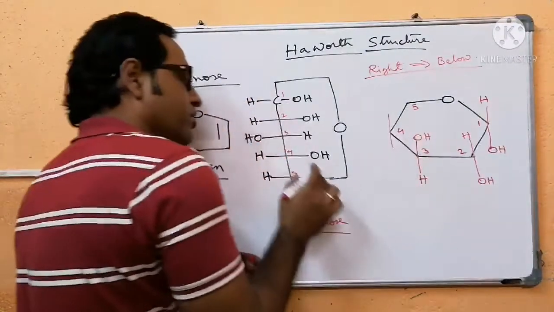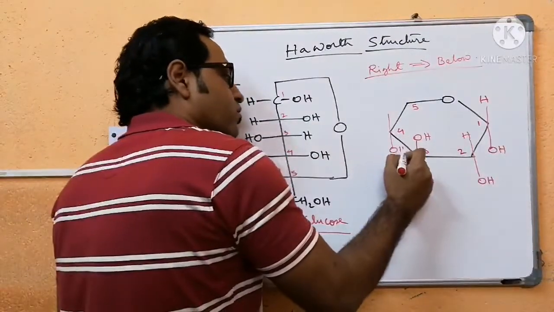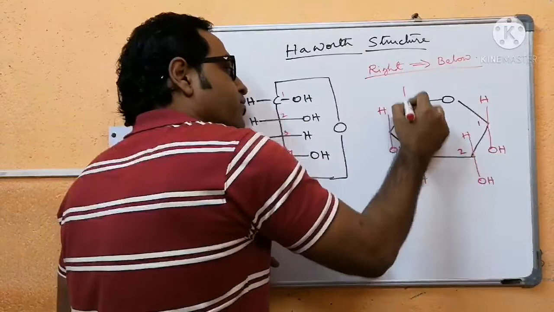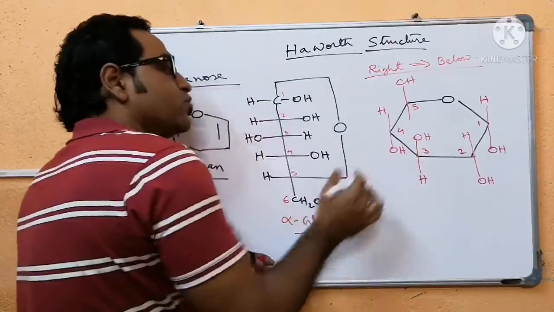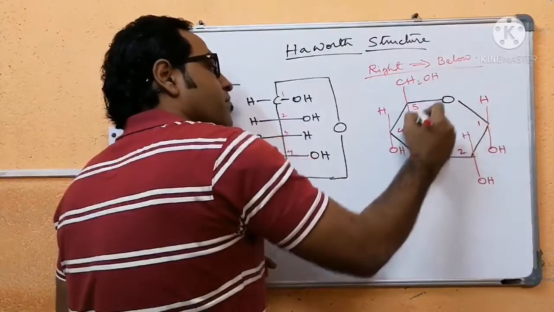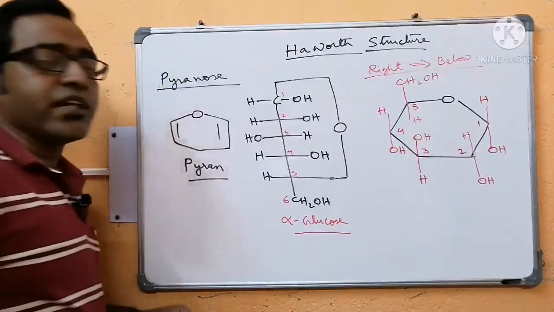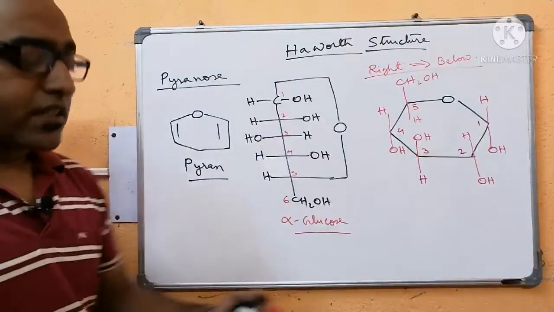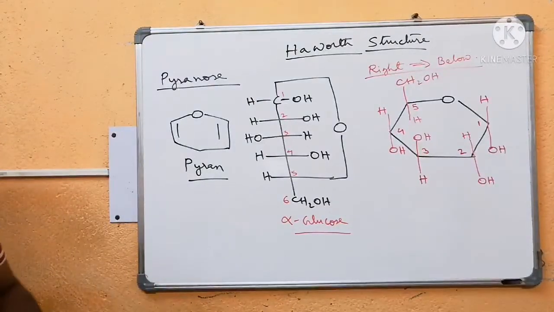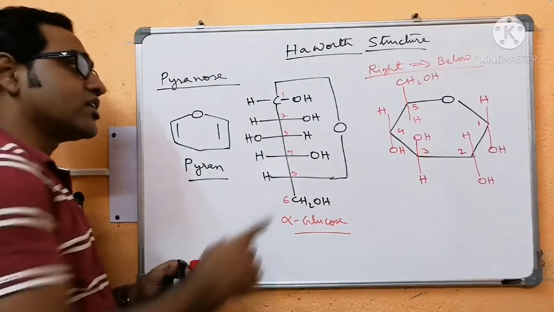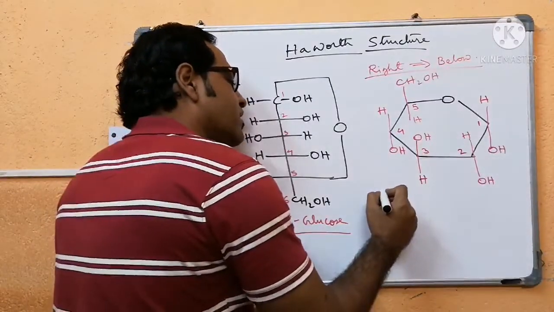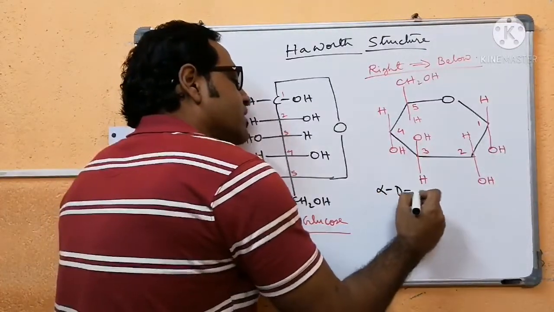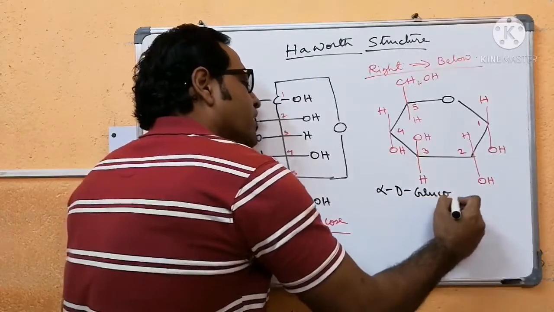The fourth one, right hand side, OH, H. In the fifth one, remember to put the CH2OH above. That's all. So this structure is called pyranose structure of glucose, or we call it alpha D glucopyranose.